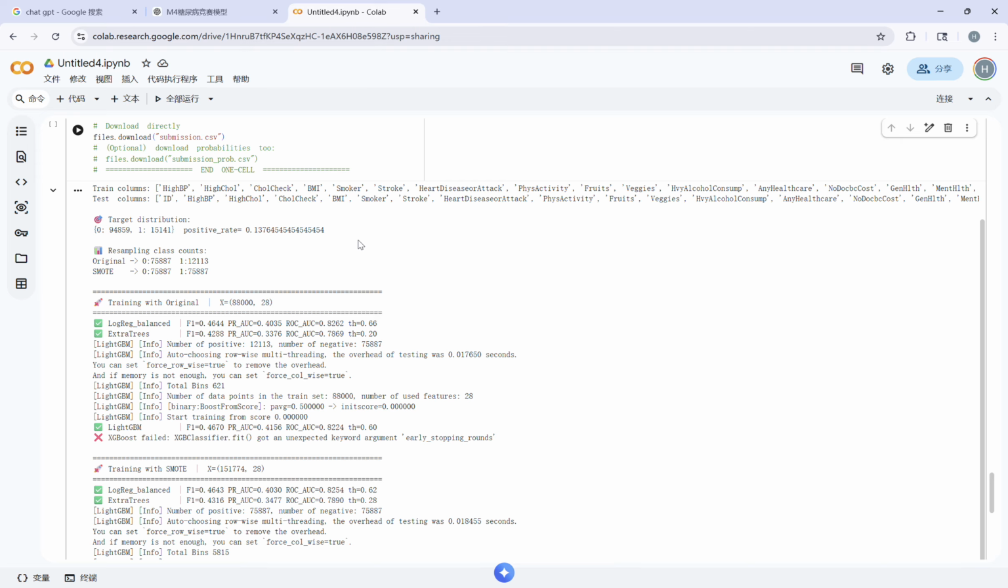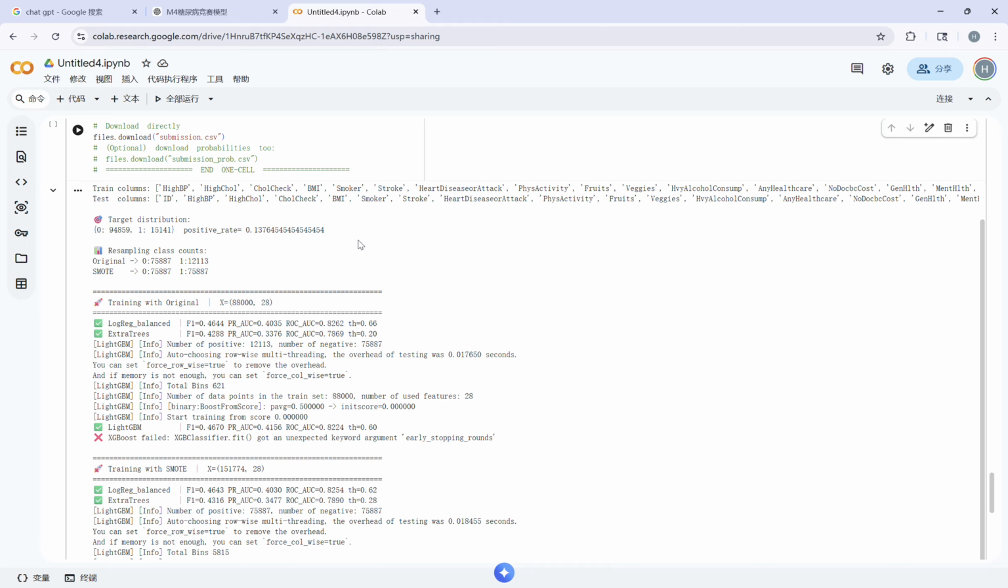Importantly, we treat this as an empirical question. SMOTE sometimes helps, but it can also introduce noise. So we compare both settings using the validation metrics rather than guessing in advance.